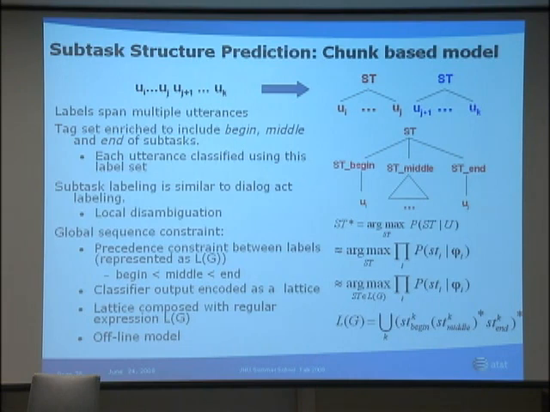So here also, the subtask began at utterance I, and the rest of it is in the middle of the subtask ST, and then UJ is at the end of the subtask. Now you have turned it into a tagging problem, same story again, and you get the best sequence of subtask labels from this. So this is called the chunk-based model.